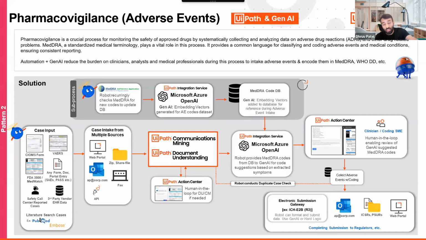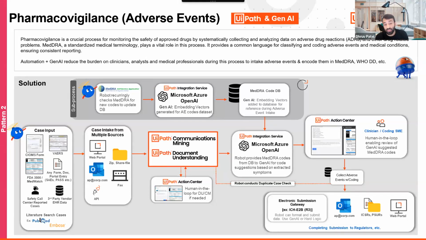Now, the main part of the automation, while that's happening on a recurring basis, could be daily, monthly, weekly, however you need it, is a main solution that runs whenever a new case comes in. We use document understanding and communications mining to intake that data. Of course, you have Action Center for seamless human in the loop to make any adjustments or updates.